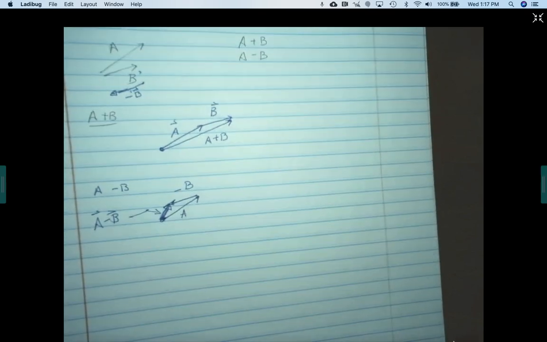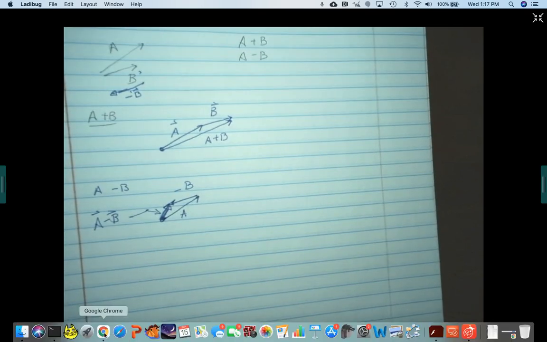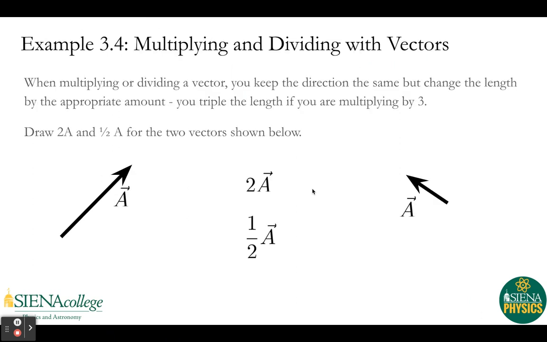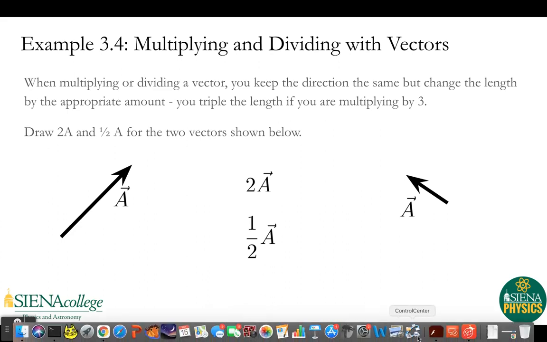We'll get some more practice with that in class. Then if you want to multiply a vector by 2 or a half, basically you just keep the direction the same and change the length. Let's take a look at that.